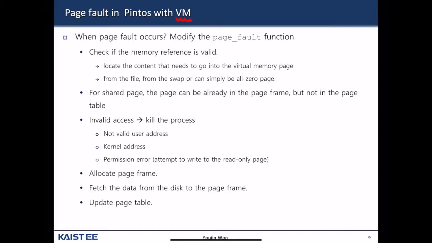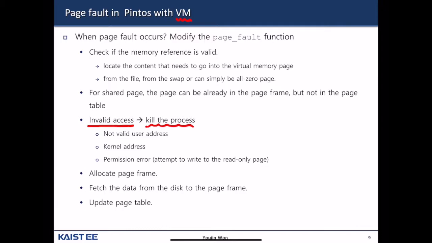Page fault has occurred, so there are two situations. The address itself can be invalid, or the address is valid, but the page somehow is not in memory but on the disk. If the address is invalid, then you need to kill the process.